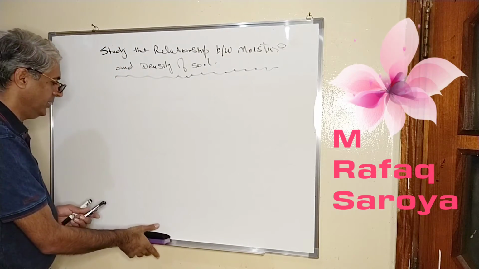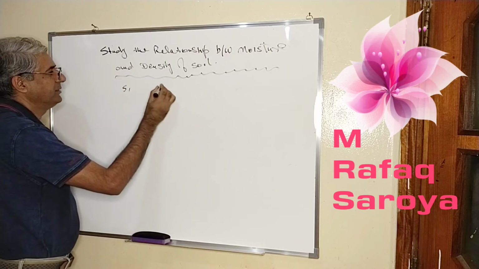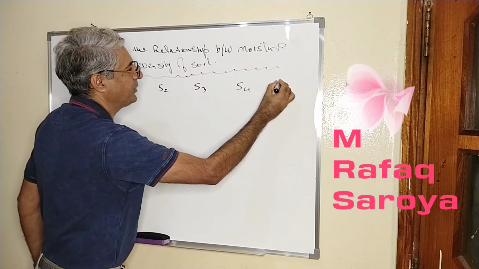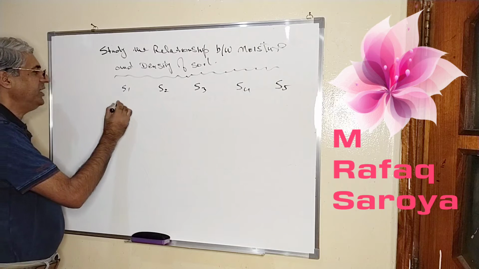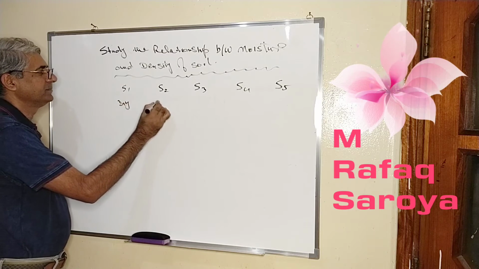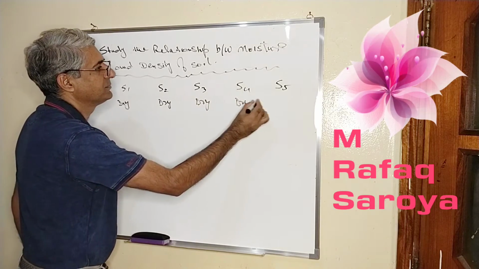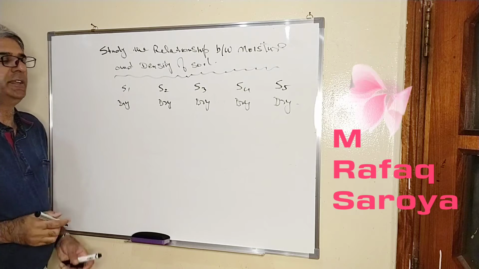Just for your introduction, I have 5 samples of soil: sample 1, sample 2, sample 3, sample 4 and sample 5. The preliminary condition is dry. The soil is absolutely dry.